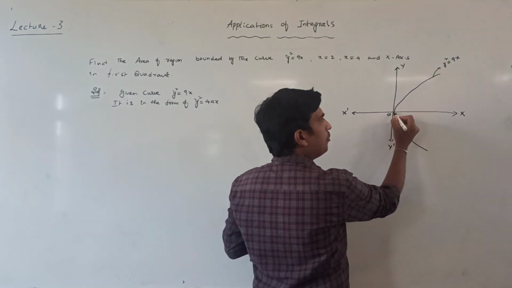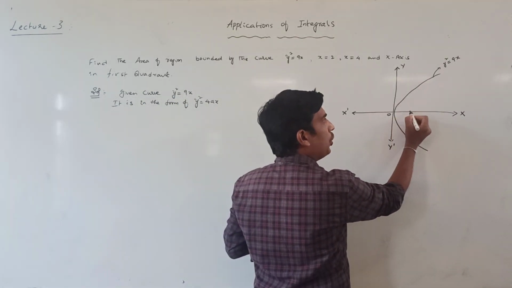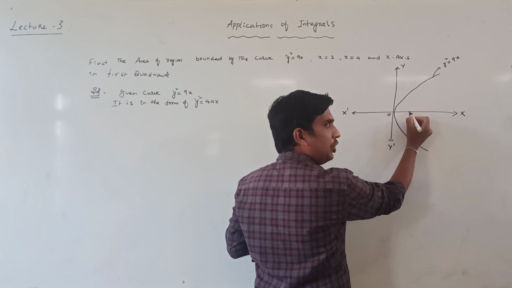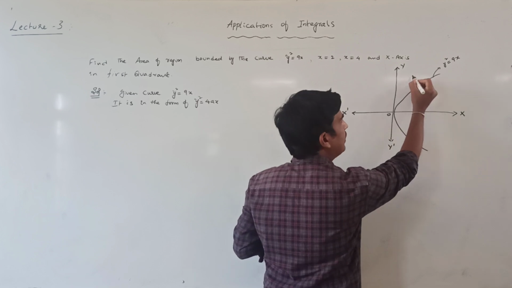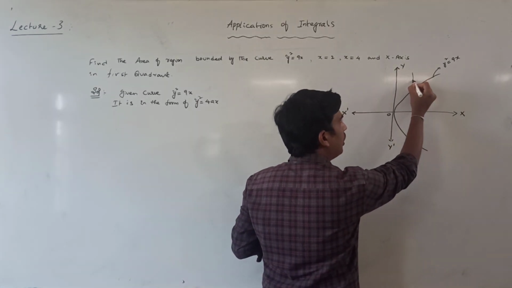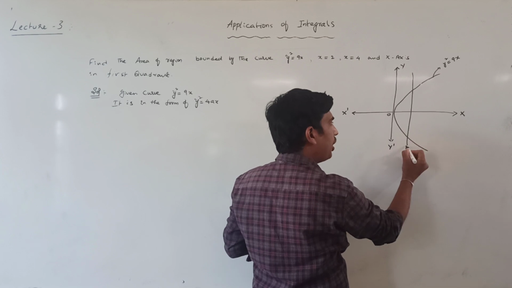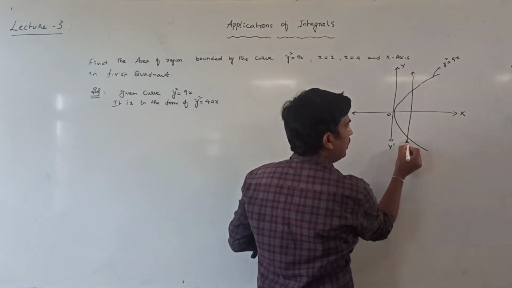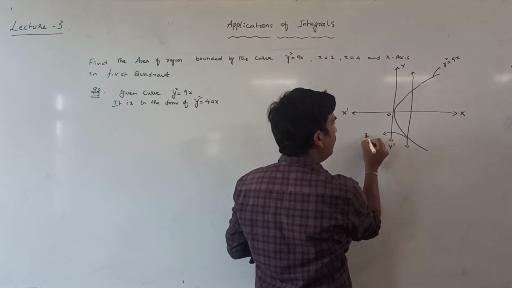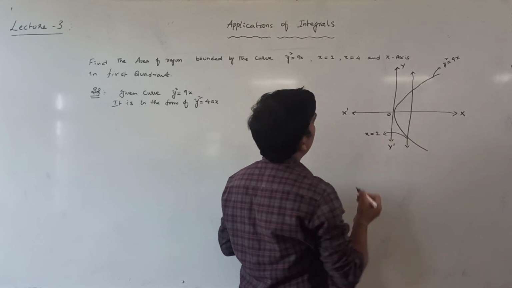So at a distance of 2 units right of the y axis, draw one vertical line parallel to the y axis. So here I will draw one vertical line. This is the equation x is equal to 2.